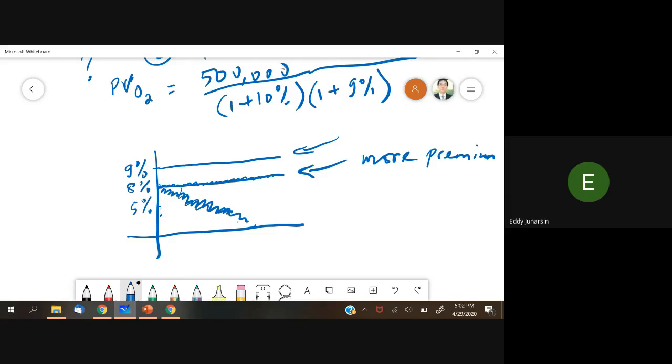You try to sell the floor at a higher and higher floor rate, and it's very dangerous because if you sell the floor rate at, for example, 8 from 5 to 8, then of course the possibility of the interest rate to fall beyond 8% is higher than that beyond 5%, right? You can get it easily here. Then you get more premium, but your situation is more dangerous, right? Very risky.